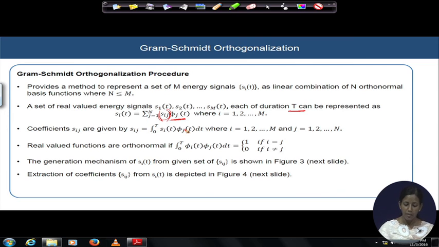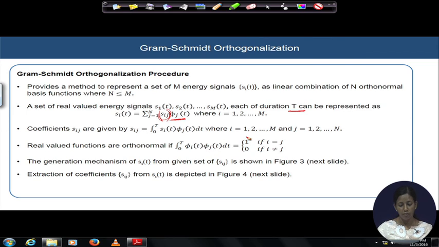And why this basis function? The property of this basis function is such that if I integrate the product of the basis functions of the ith and jth intervals over 0 to T, the symbol duration, the integration gives 1 if both are exactly the same, and 0 if they are not the same.